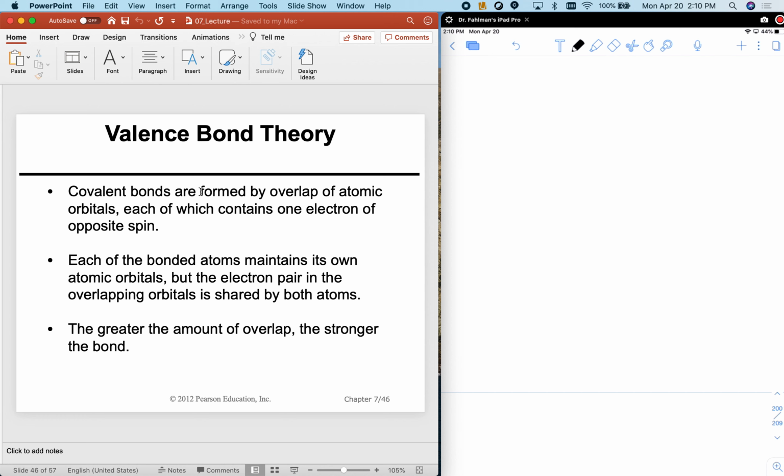So it's a simple description of how the electrons are placed in orbitals that overlap between different atoms.